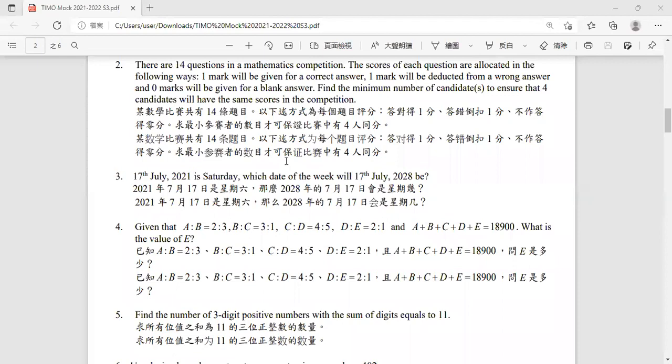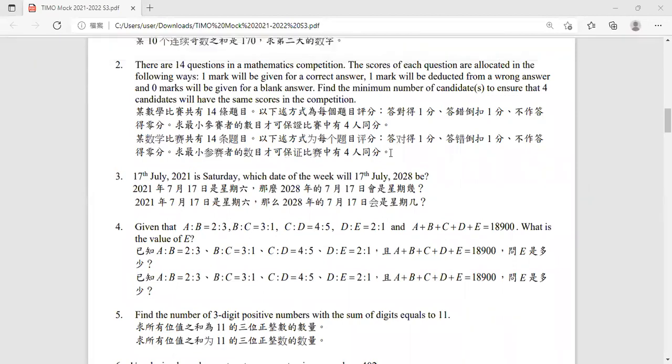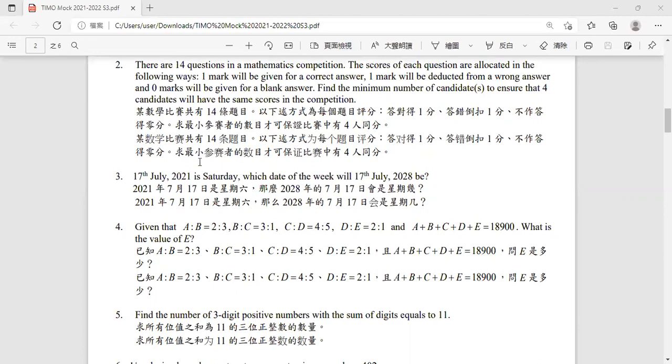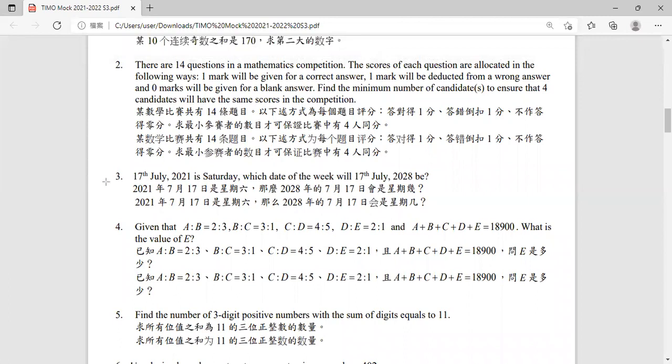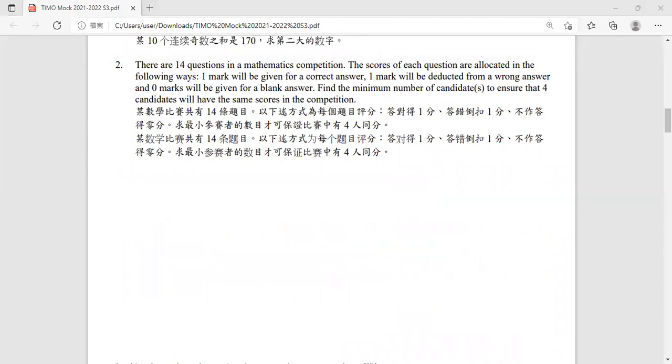Now, we have to know how many total results there are in this question. Because there are 40 questions, how many possible scores are there? What is the range of marks you can get?